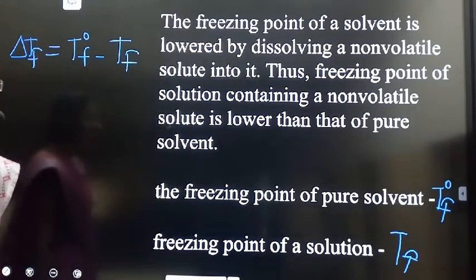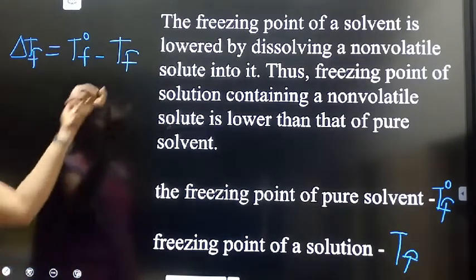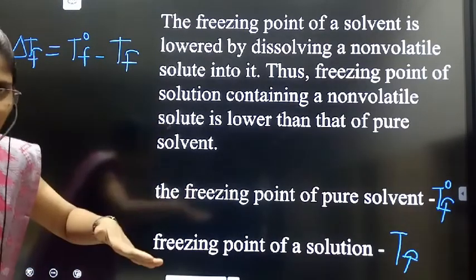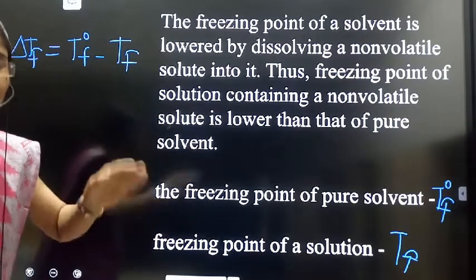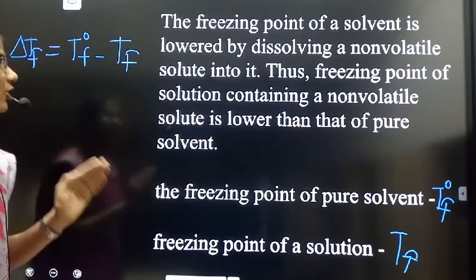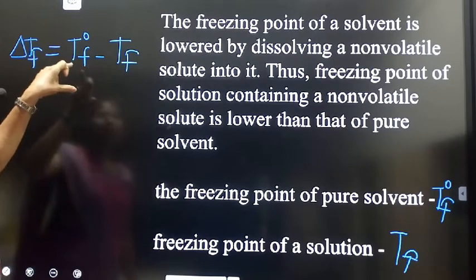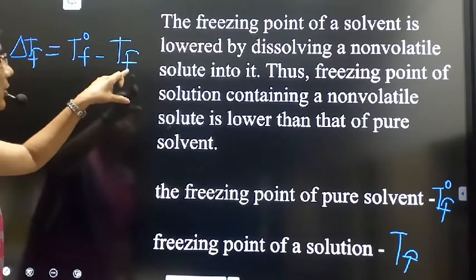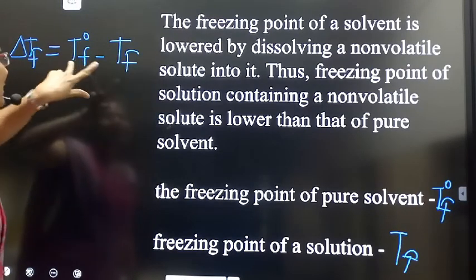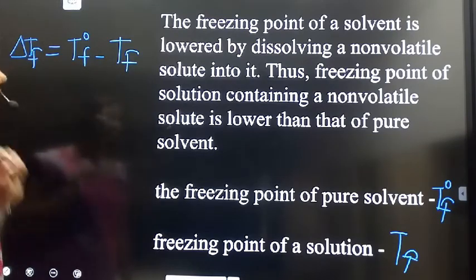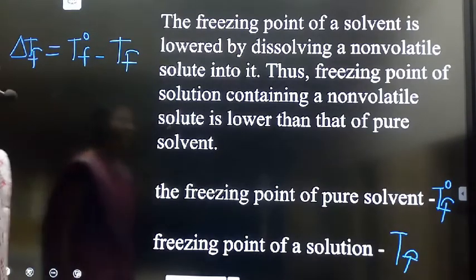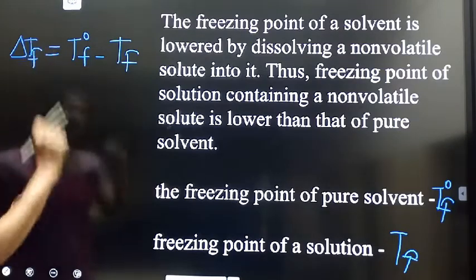Depression in freezing point means the freezing point of a solution gets depressed when we add a non-volatile, non-electrolyte solute into it. This is the freezing point of the pure solvent and this is the freezing point of the solution, and the difference is called the depression in freezing point, delta TF.